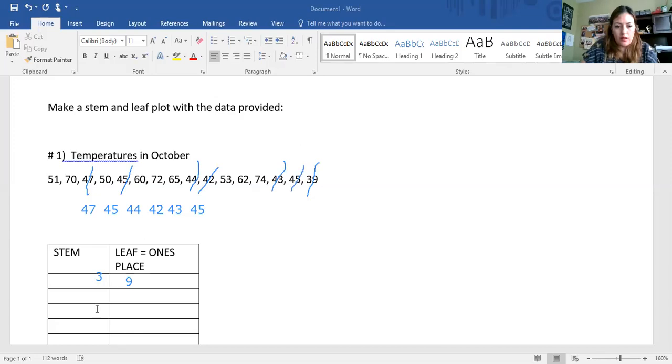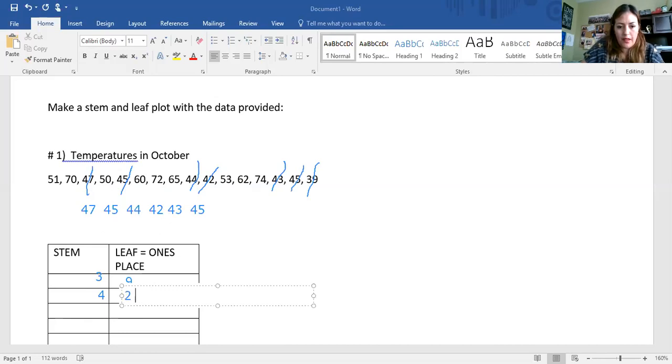Okay, so I can start writing them down. So again, the 4 is under the tens place. Now I need to do all my ones. If you look at these numbers that you already separated by the 40s, I have 42, that's the smallest one, so I'm going to start with the 2.